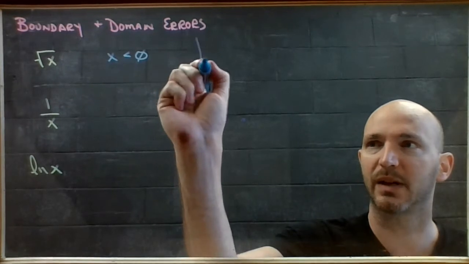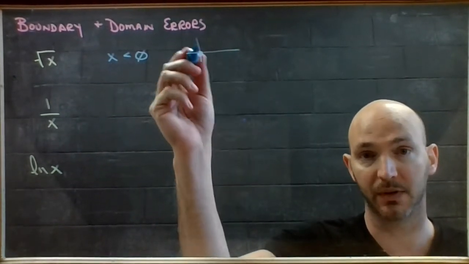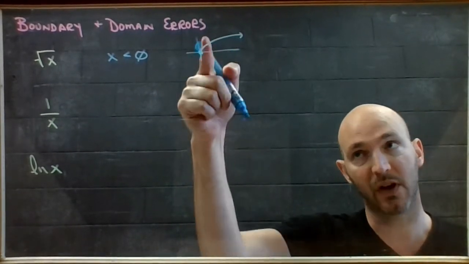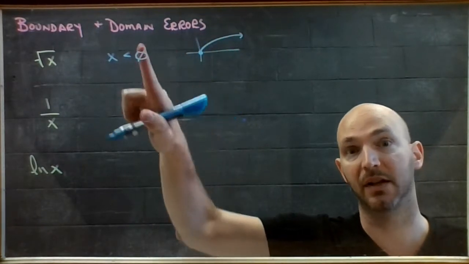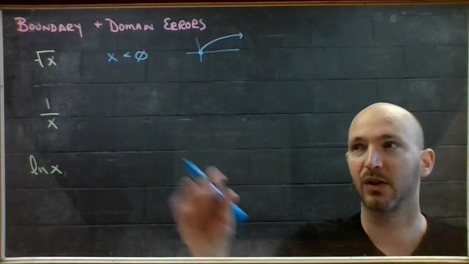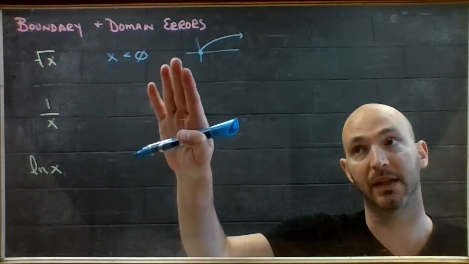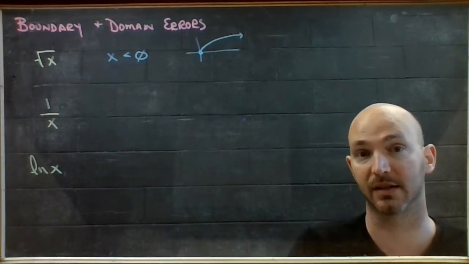If you do a quick sketch of what this looks like, the radical has a little nub at the origin, and then it takes off like that. So there's function all over here where x is positive, but there's nothing on that side. So if you have a function like that, then what you're going to end up with is a hole, right? A chunk of the x-axis where that function doesn't exist.